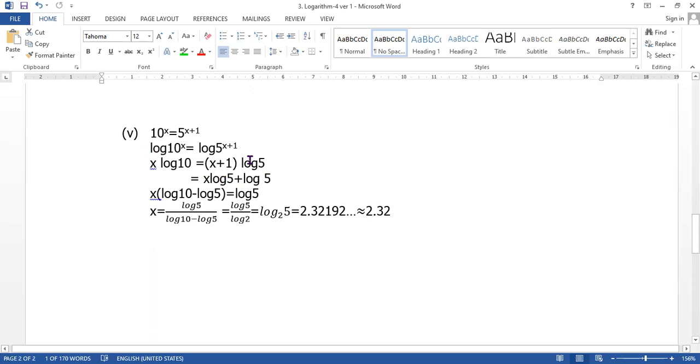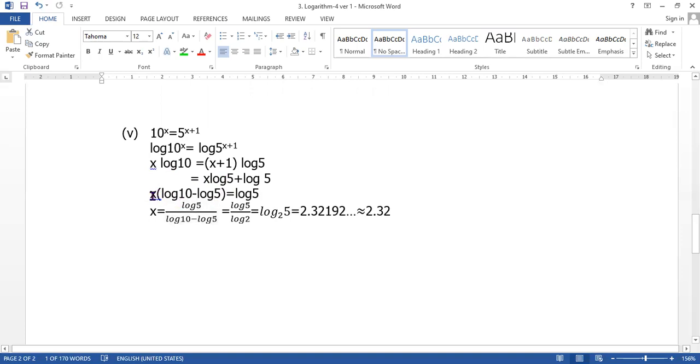And then we multiply x with logarithm 5, 1 with logarithm 5. We get x log 5 plus log 5. We move x from the right side to the left side. And we get like this, x logarithm 10 minus x logarithm 5.